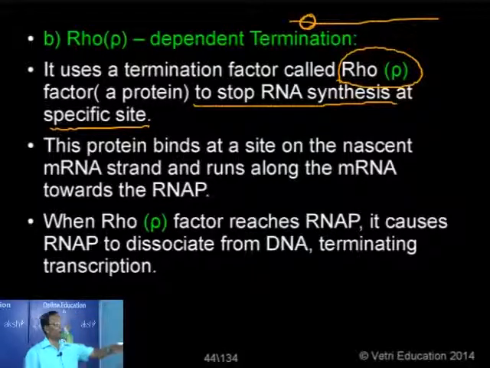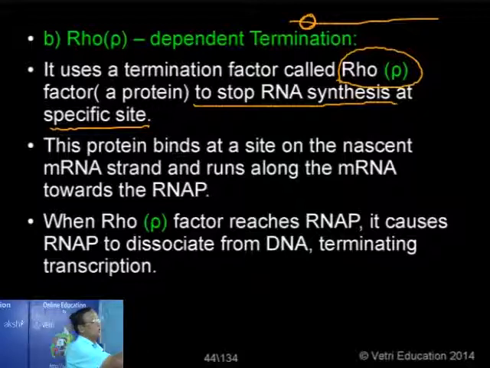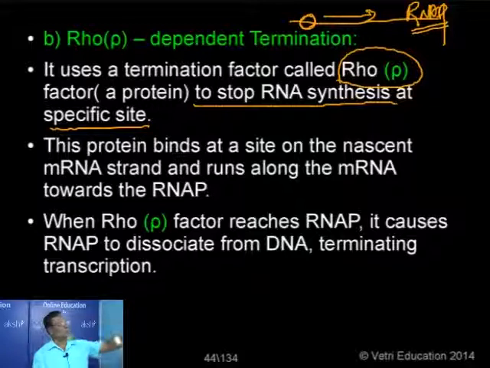So it is binding at a site on the nascent mRNA, the newly formed mRNA, and runs along the mRNA, reaching the RNA polymerase, which is doing the process.